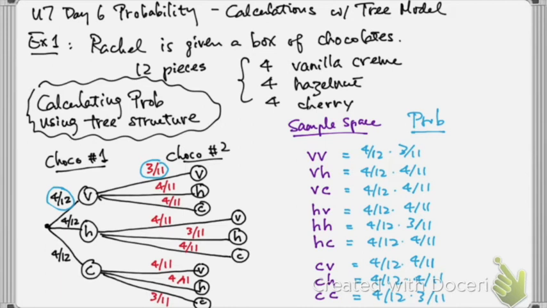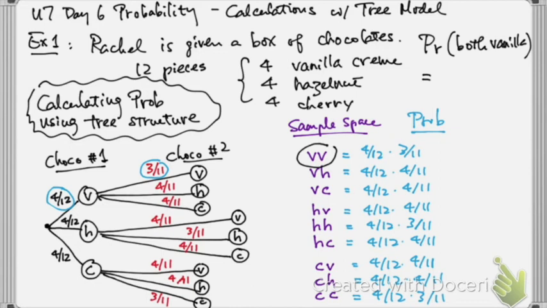Okay, so what about the actual probability of interest? Remember, what we want to find is the probability of both pieces being vanilla. Well, which outcome in the sample space gives me 2 vanillas? 1. Is there anything else? That's it.